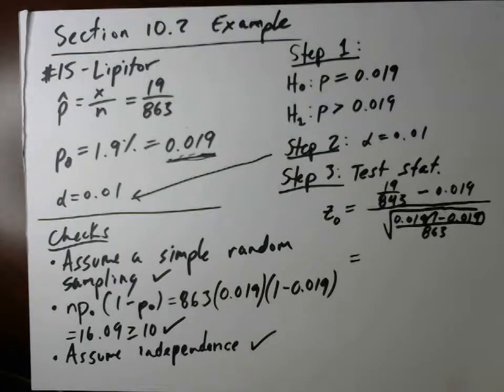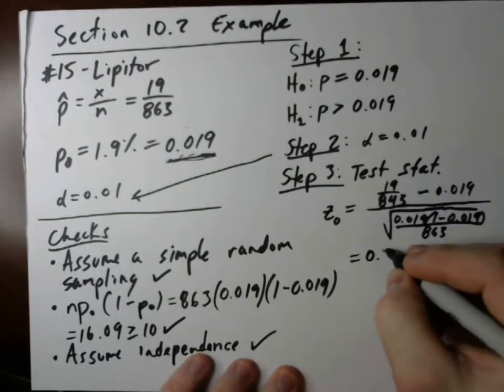Then we're going to divide by the square root of 0.019 times 1 minus 0.019 divided by 843, and I got a value of 0.76.